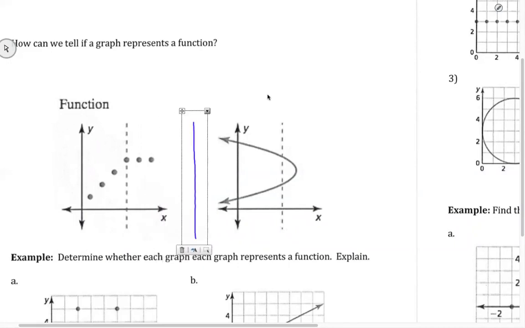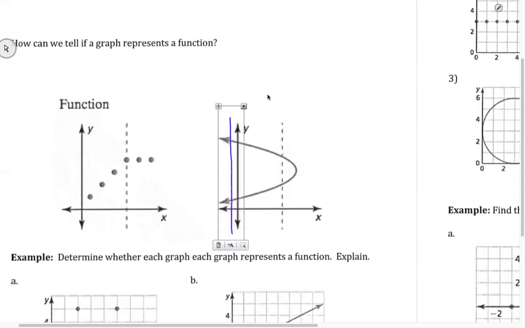As I drag my blue line across, I stop. Do you see how my graph touches my blue line twice? Right there where I circled in red, and right there where I circled in red. Therefore, this fails the vertical line test and is not a function.